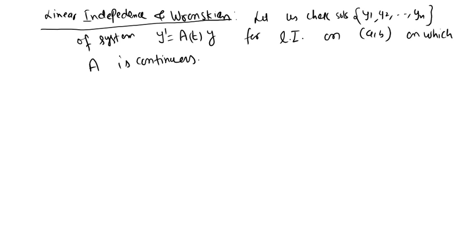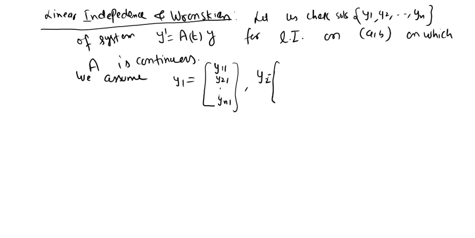So we write a linear combination. Firstly, I assume what y1, y2 are. So y1 is a column vector, so I am writing y11, y21, yn1. And what is y2?